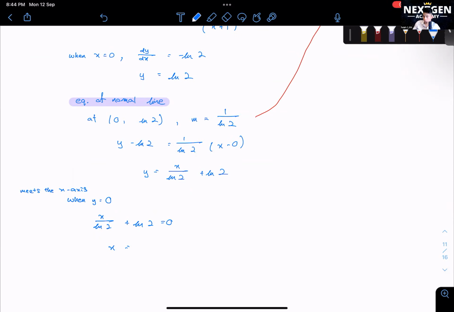hold on, negative ln 2 square. Negative ln 2 square.